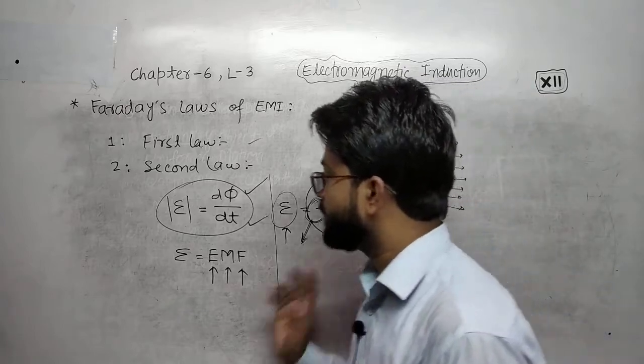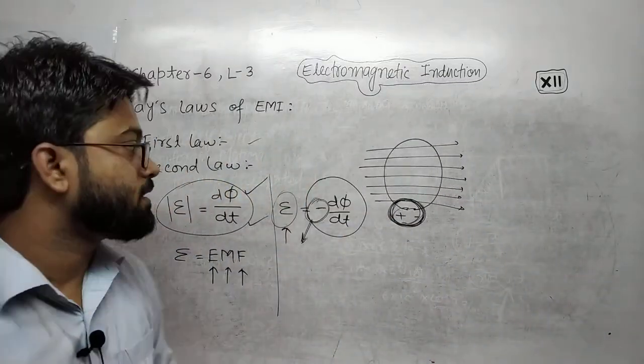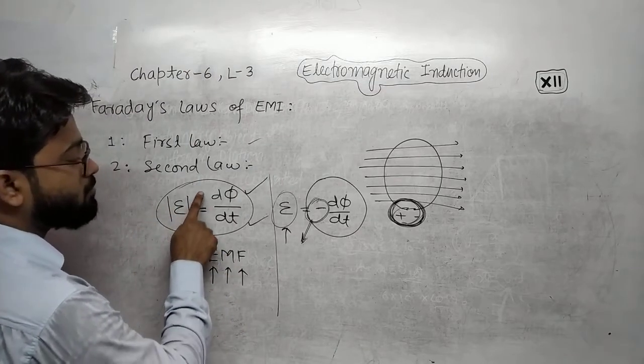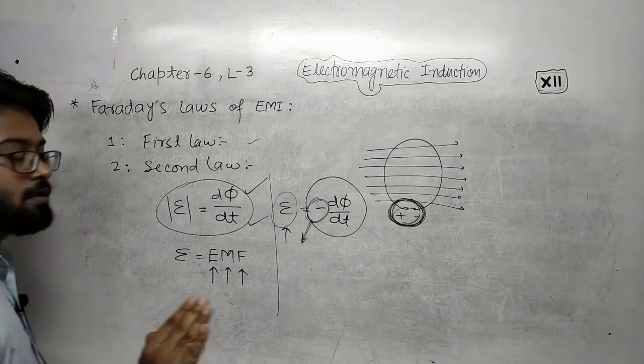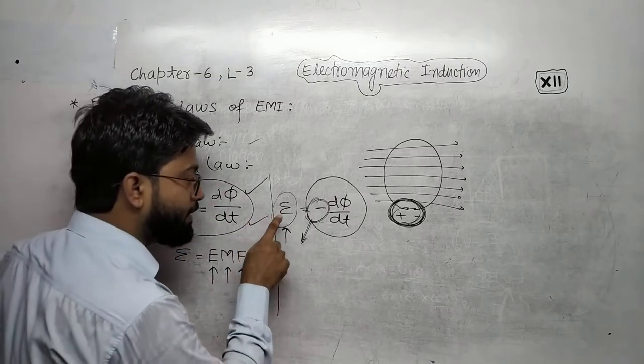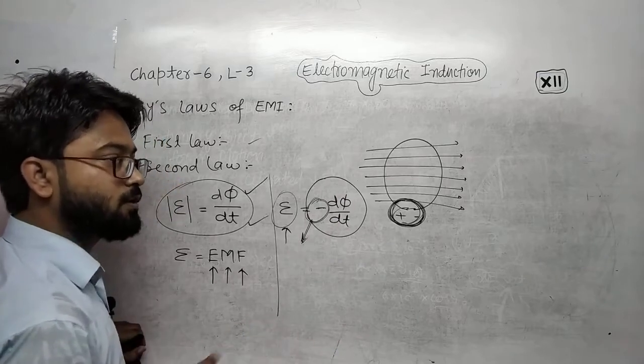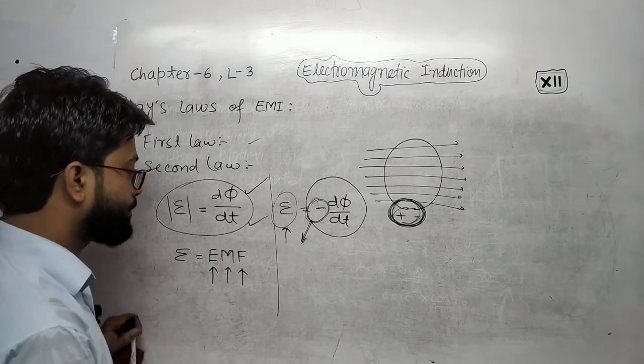But here remember only that according to Faraday's law, the magnitude of the EMF is equal to the rate of change of magnetic flux with respect to time. In general, EMF is equal to the negative rate of change of magnetic flux with respect to time. Hope you are understanding.